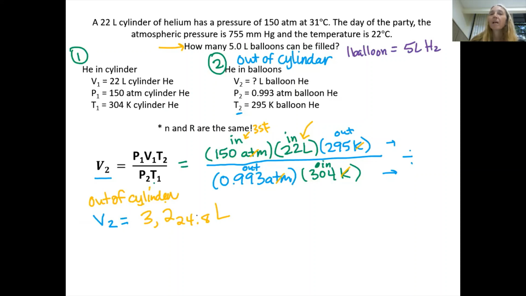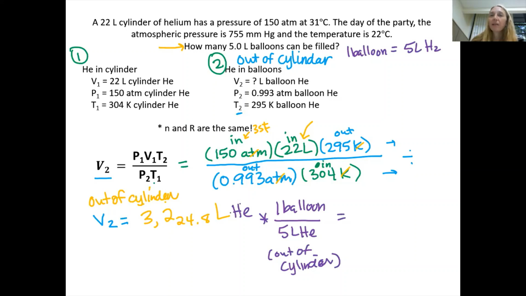I have found my liters of helium out of the cylinder, so next I need to convert that to balloons. I know that 5 liters of helium out of the cylinder will fill 1 balloon.